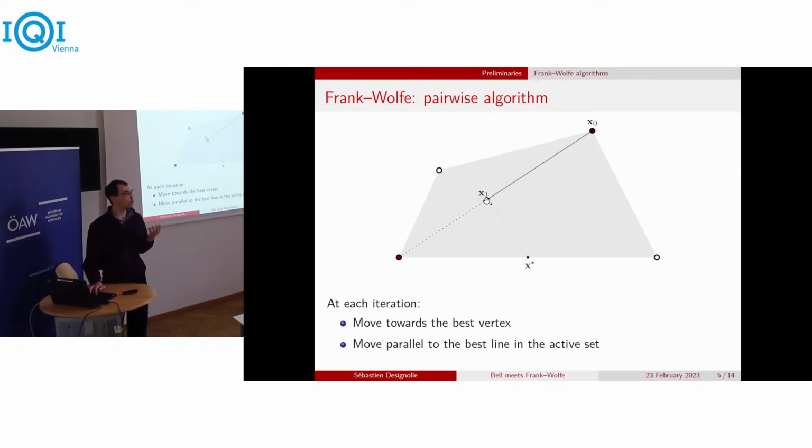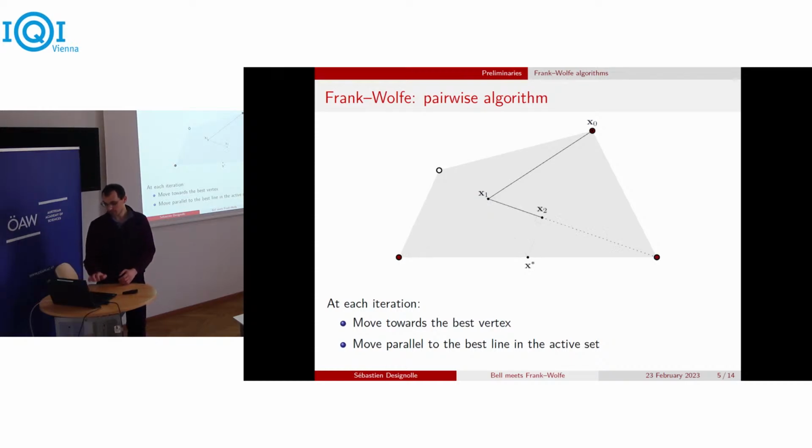Then you add in red this vertex to the active set, and you remember the weights of this point, which I called alpha on the blackboard, and this one, which was beta, to basically reproduce your current iterate, x1, which is now on this line.